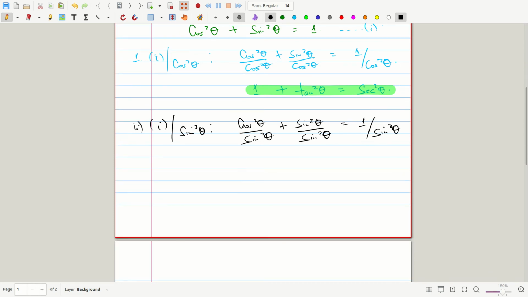We know cos divided by sine is cot, and since everything is squared, it is cot squared of theta, and then this is 1, and then 1 divided by sine is cosec, and this is cosec squared theta. Again, another important result which is going to be handy.